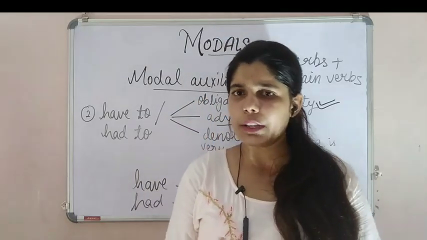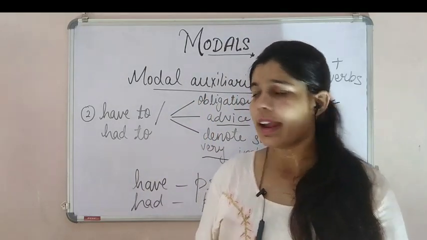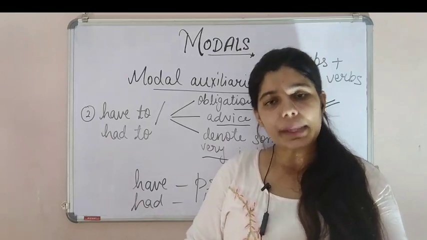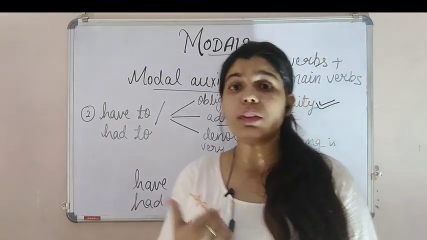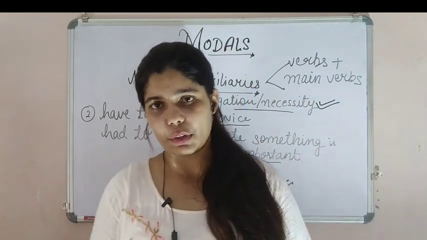So to an extent the usage of must and have to and had to is the same. Simply, it depends on the tense and on the kind of sentence given to us.